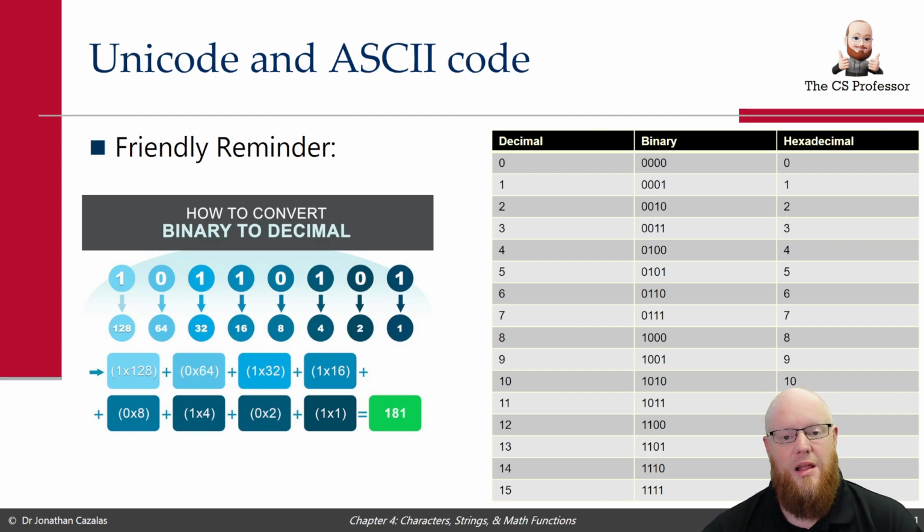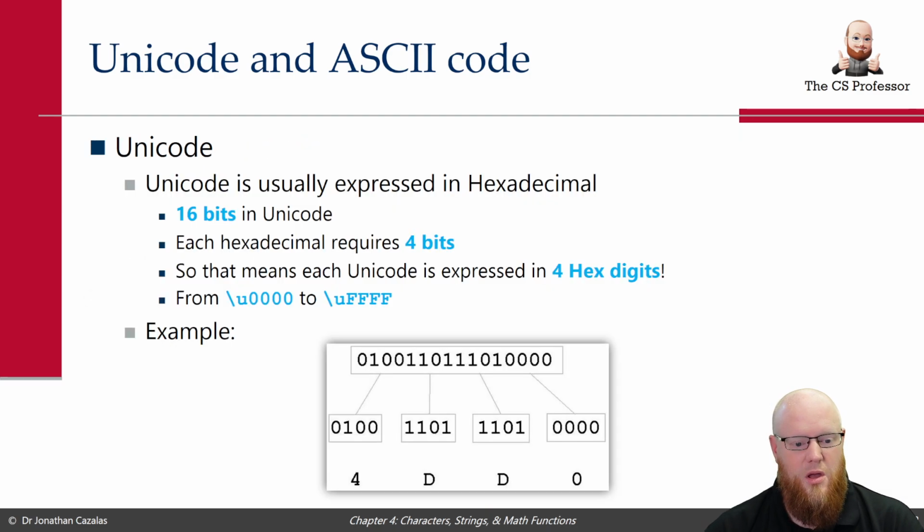So hexadecimal allows us to very succinctly convert from a binary value to its hexadecimal equivalent, which makes things super, super easy. So as an example, here's 16 bits in Unicode. Imagine we have a 16-bit binary number. No one wants to remember that.